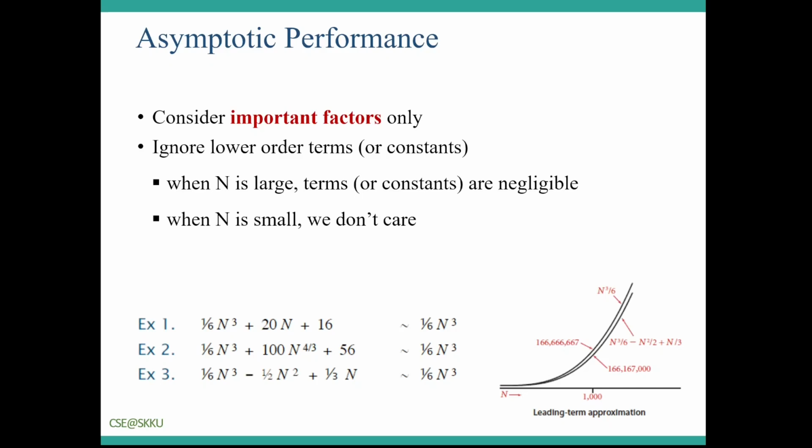That's why we say only the highest order term matters. Okay? This is just a constant. So we can just consider the highest degree term only in asymptotic analysis.